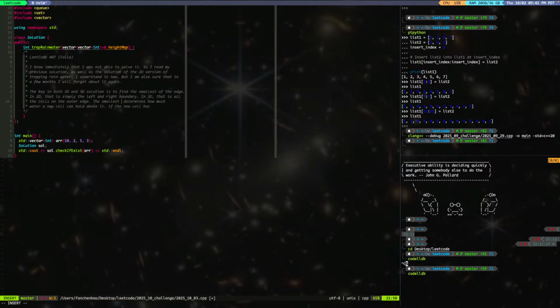If the new cell has a lower height than the smallest height on the edge, the difference between the heights is the amount of water capable of being held.